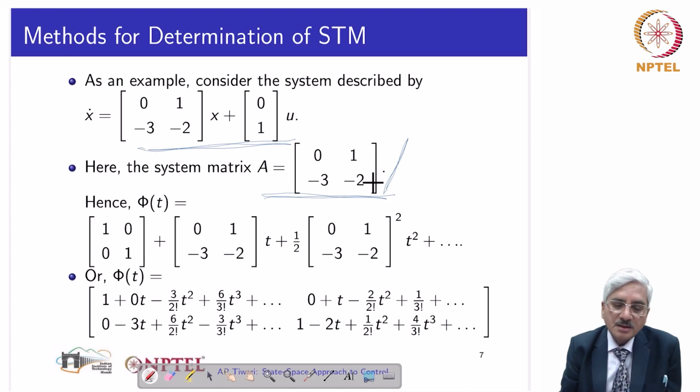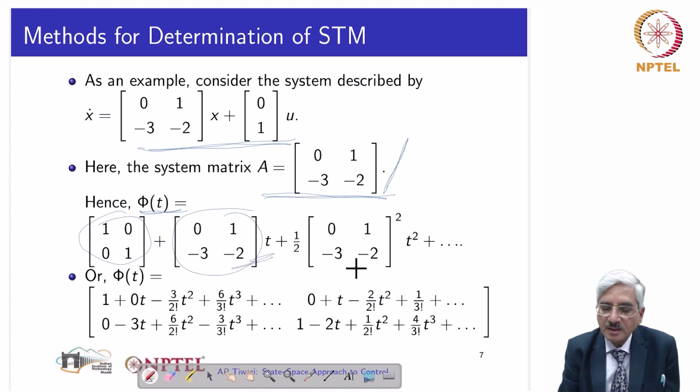And hence the state transition matrix phi t will be identity matrix, this is identity, this is A matrix, A times t, plus half A square t square, this is A square into t square and so on. And one can evaluate by obtaining this A square, multiplying with t square, multiplying A with t and taking some other terms also, that phi t will be obtained like this.